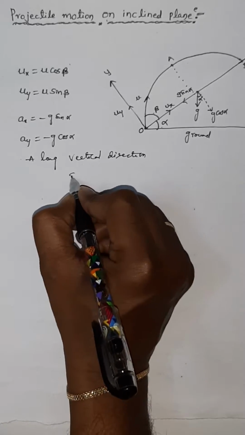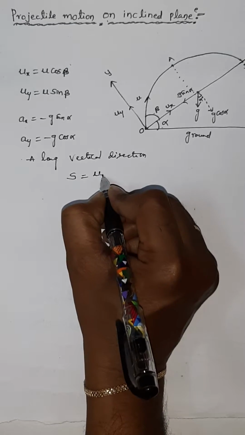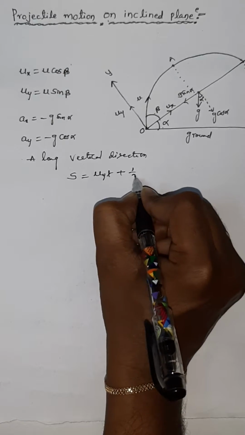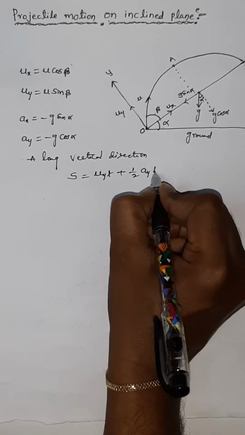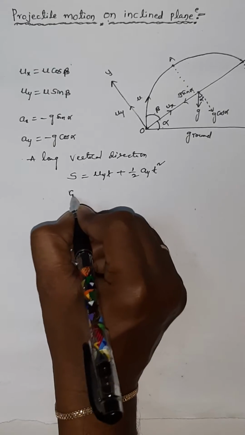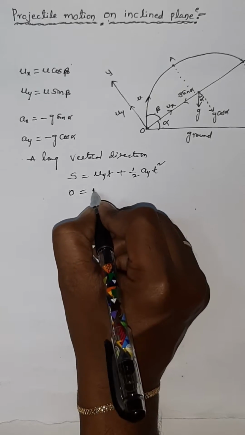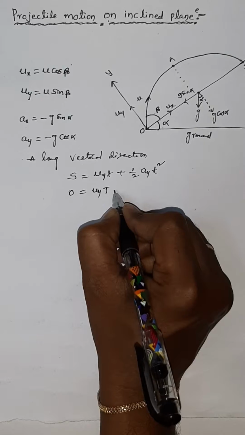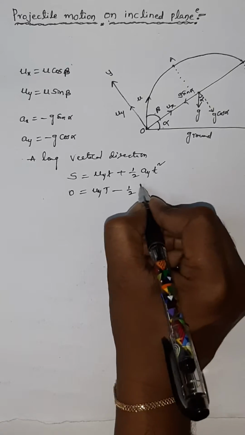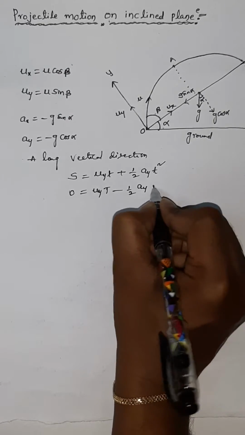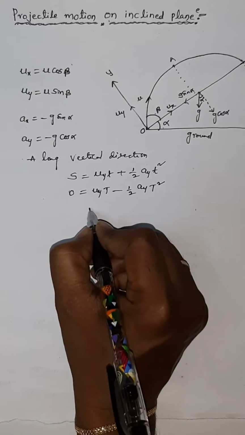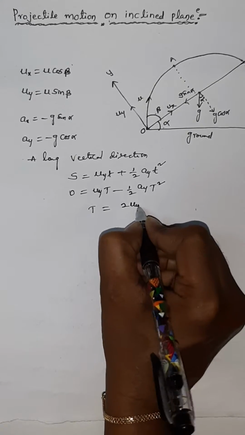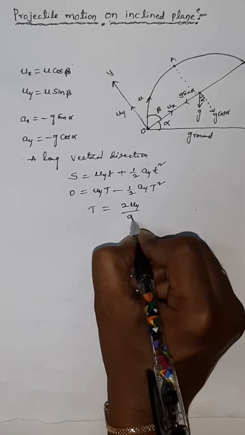So from equations of motion, let us use s equals uy t plus half ay t square. This becomes 0. Here t is nothing but the time of flight, and ay is acting as minus ay. So if you solve this one, t is equal to 2uy by ay.